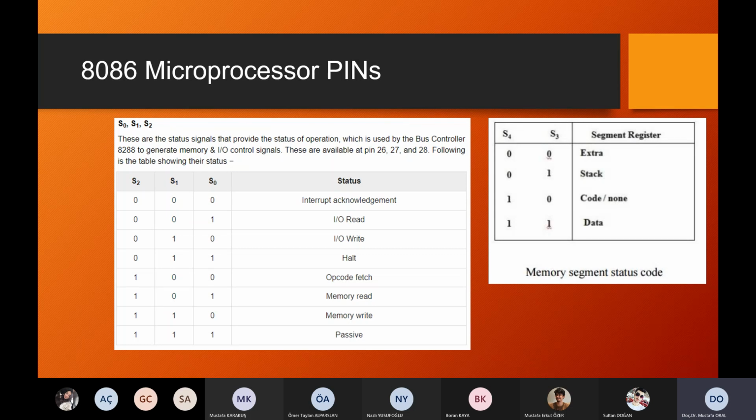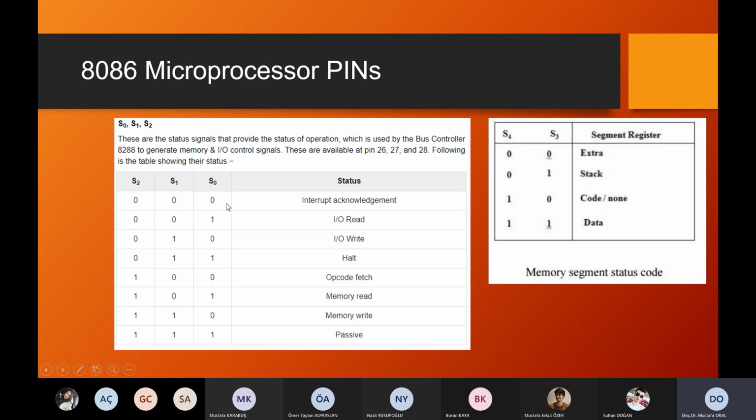If it is 101, it is reading from memory. If it is 010, it is writing to an input-output device. If it is 110, it is writing to memory.